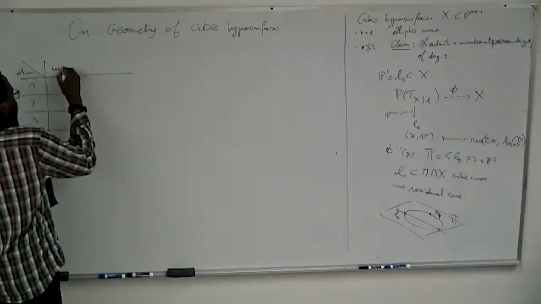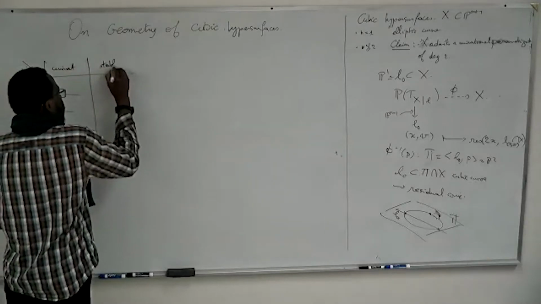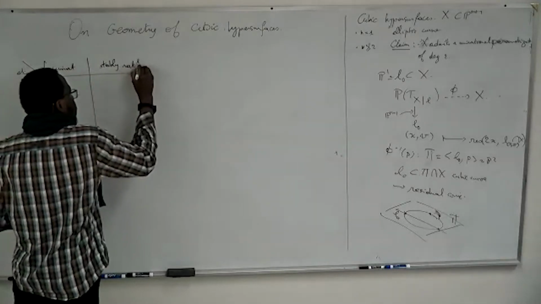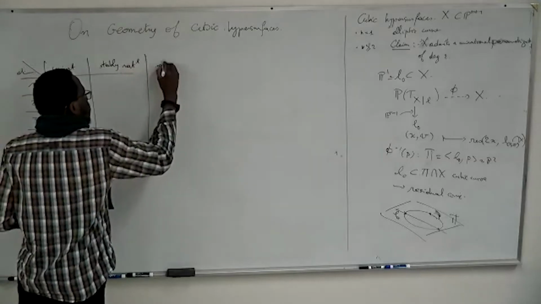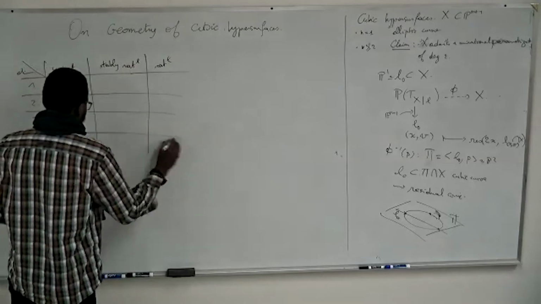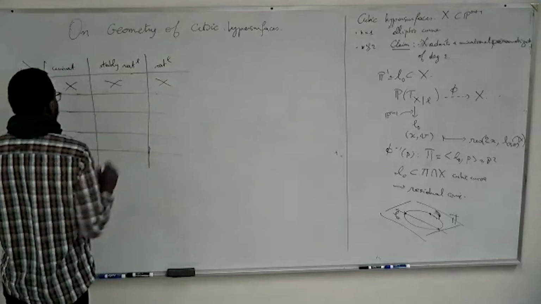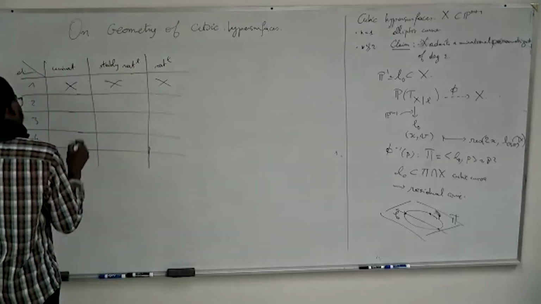Unirational, stably rational, rational. So of course, elliptic curves again are not rational.